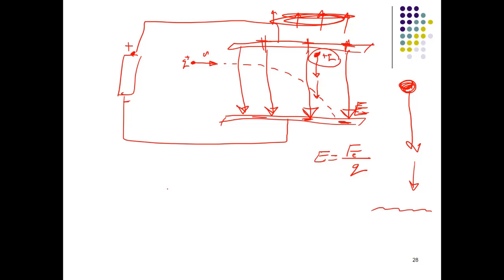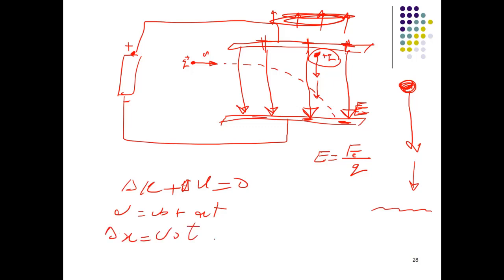So we should be able to use delta K plus delta U equals 0, or the kinematic equations: V equals V naught plus AT, delta X equals V naught T plus half AT squared, and maybe the last equation, V squared equals V naught squared plus 2A delta X, right? Okay, so let's do that.